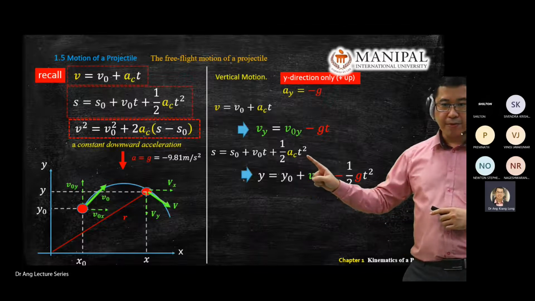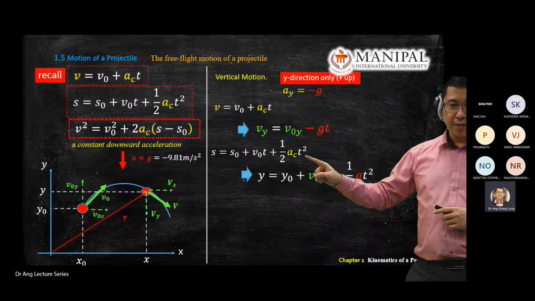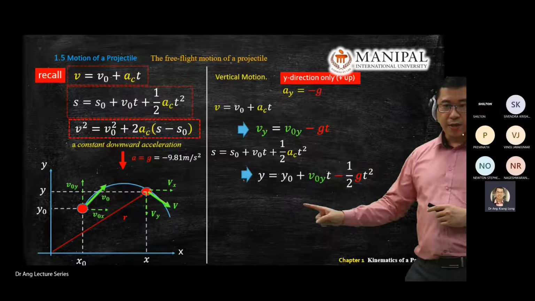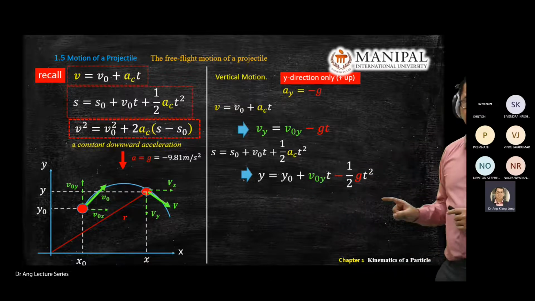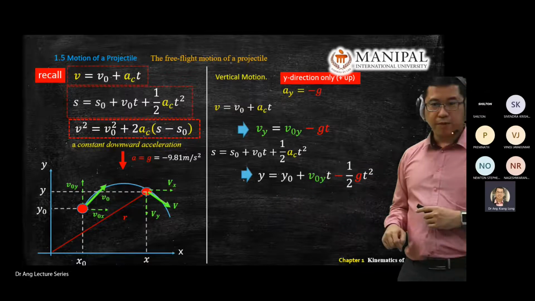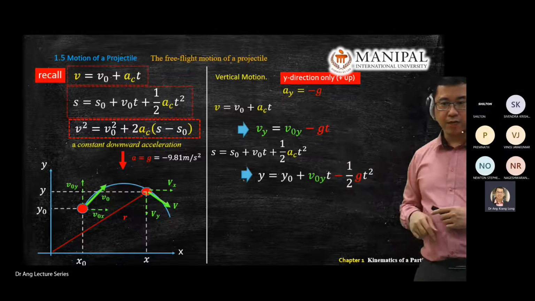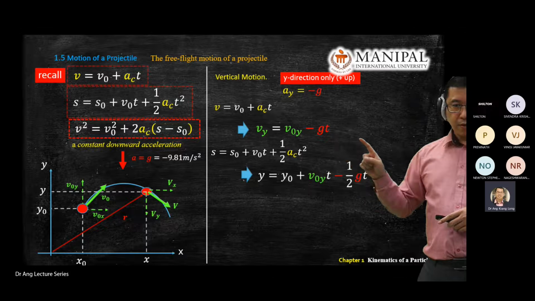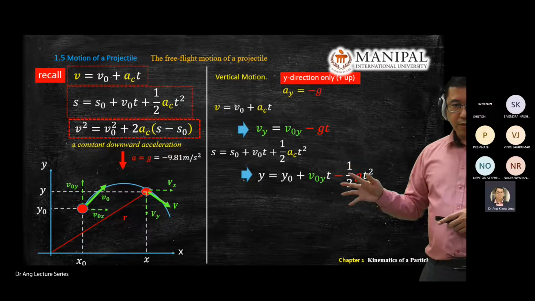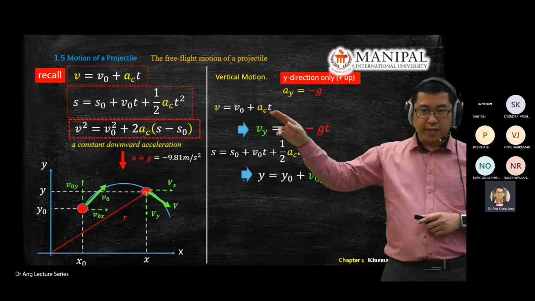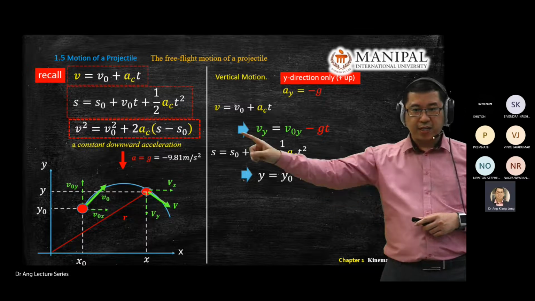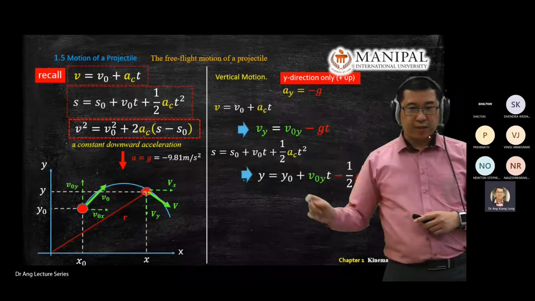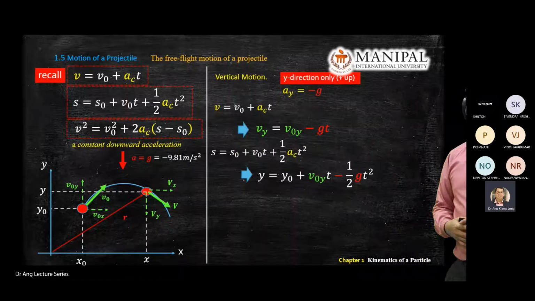Again, time, there's no direction. Time, copy. You arrive at the second projectile equation for the vertical direction. Okay? Do the same approach. If you understand the first one, you understand the second one, and apply the same to the third Newton equation.